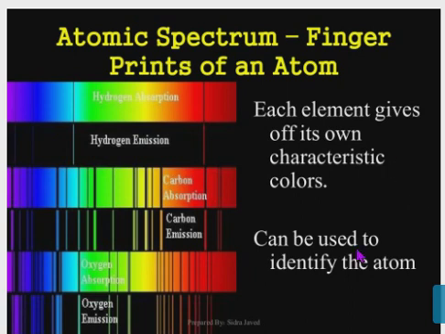The hydrogen spectrum was first systematically studied by Balmer. It consists of discrete bright lines on a dark background. These are named H alpha, H beta, H gamma, and so on.